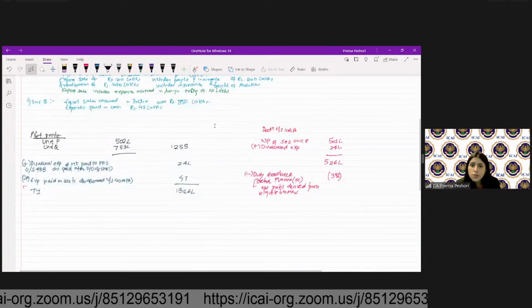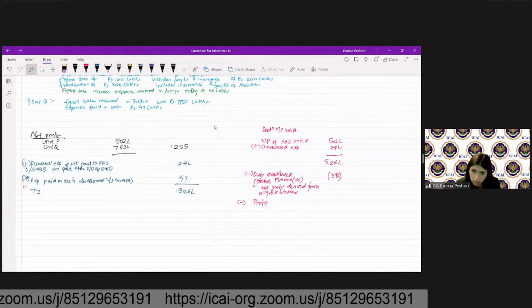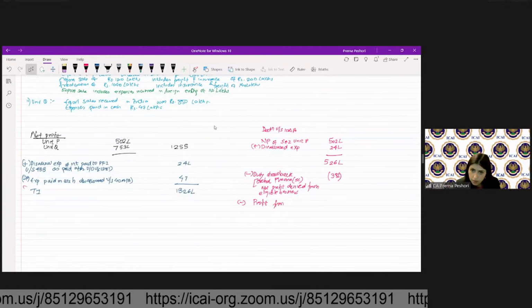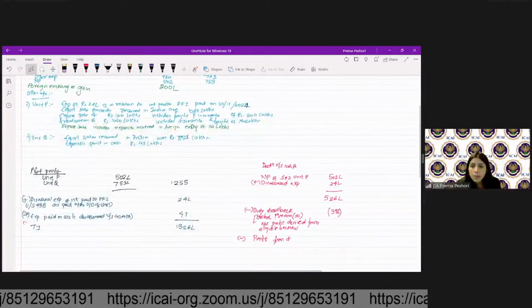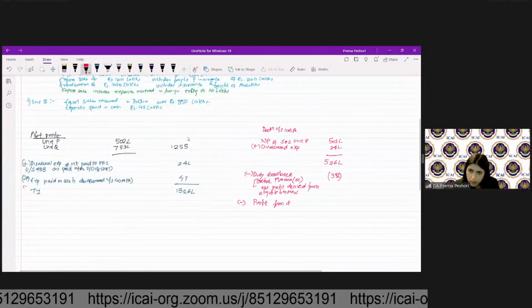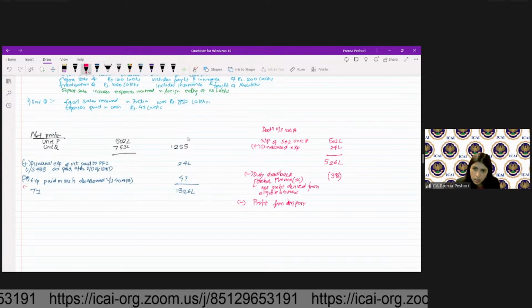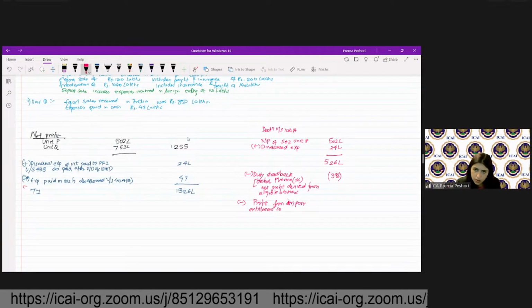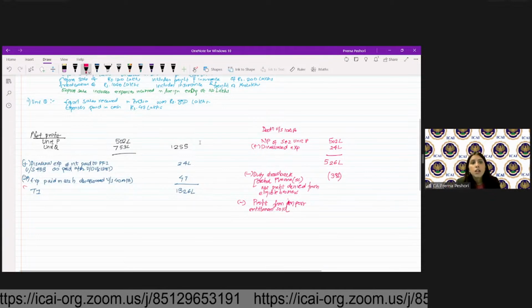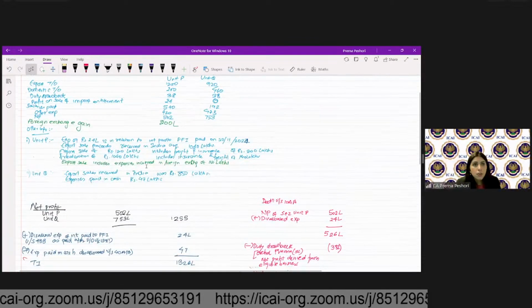So we will also reduce the profit derived from import entitlement, which is again 24 lakhs.